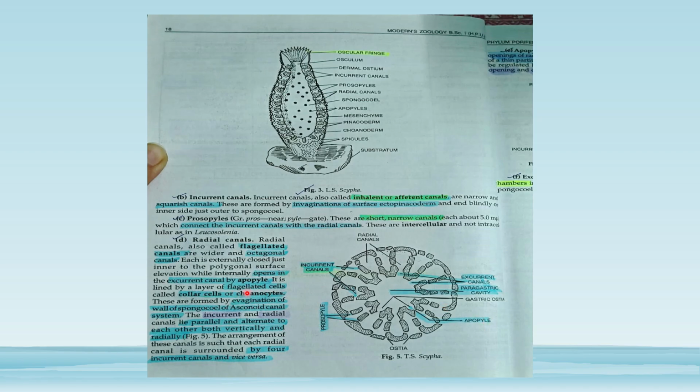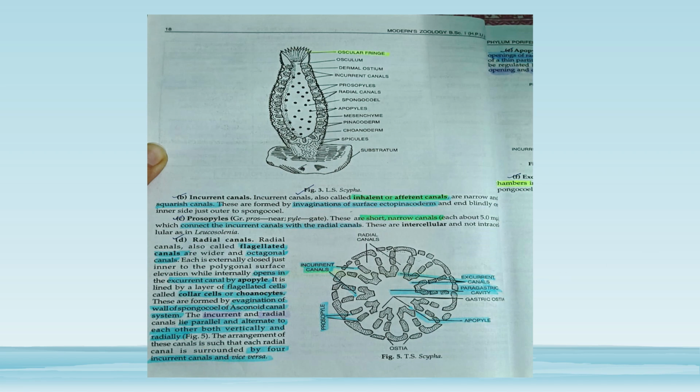It is lined by a layer of flagellated cells or collar cells or choanocytes. These are formed by evagination of the wall of spongiocoel of asconoid system. The incurrent and the radial canals lie parallel and alternate to each other vertically and radially. The arrangement of these canals is such that each radial canal is surrounded by 4 incurrent canals and vice versa.